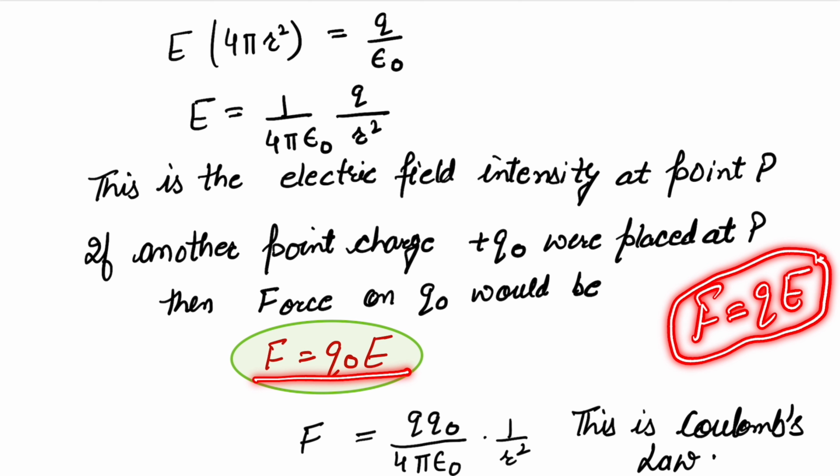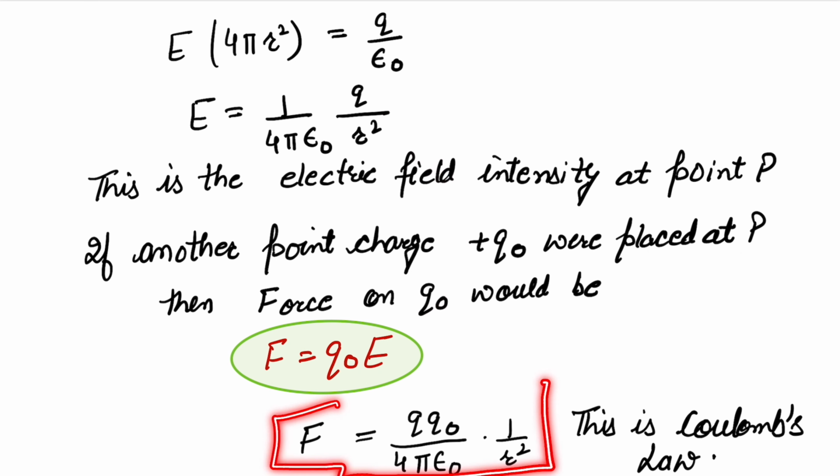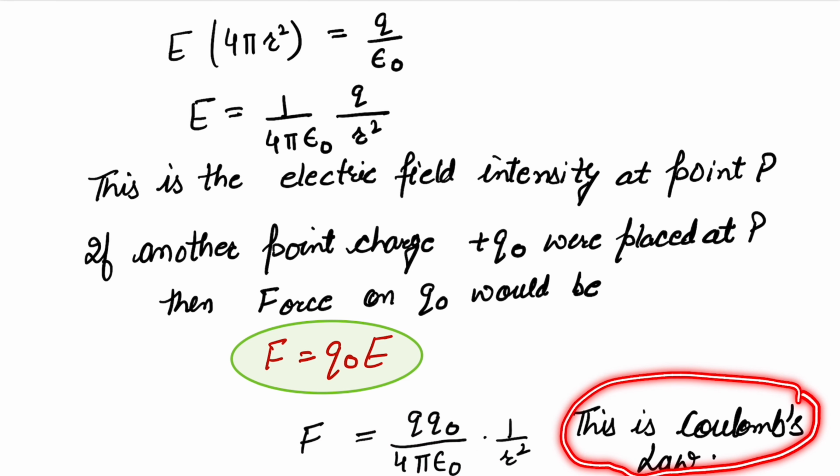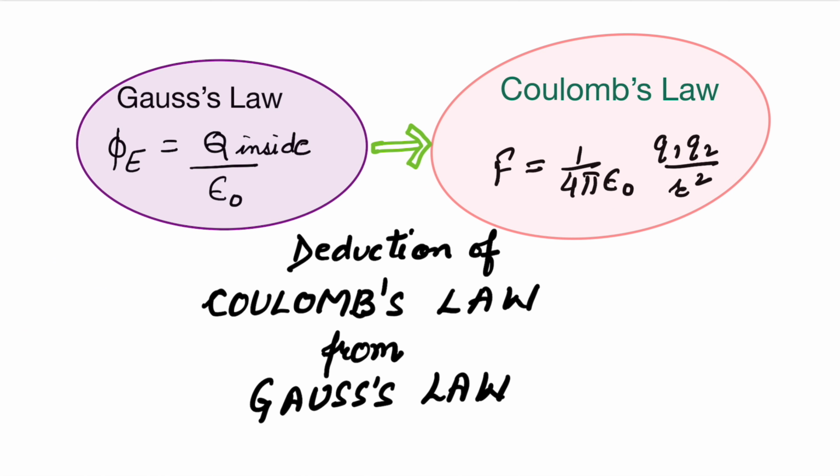F is equal to QE. Substitute the value of E from here, right? And with a little bit of simplification, we get force is equal to 1 upon 4 pi epsilon naught Q Q0 divided by r square, right? So this is the definition of Coulomb's law. So we can deduce Coulomb's law from Gauss law.